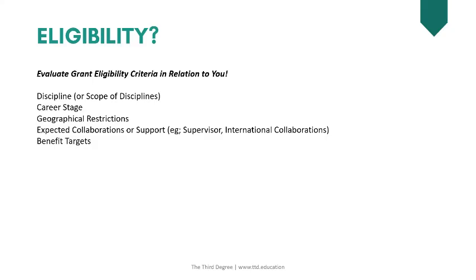They will look at career stage. Are you an early career? Are you seasoned? Are you a PhD candidate? Some grants are only for doctoral candidates and early careers in their first 3 years, for example. So it gives us an opportunity to get involved.